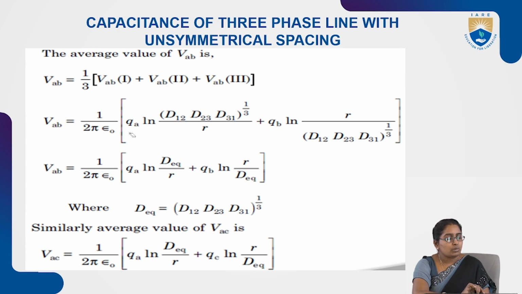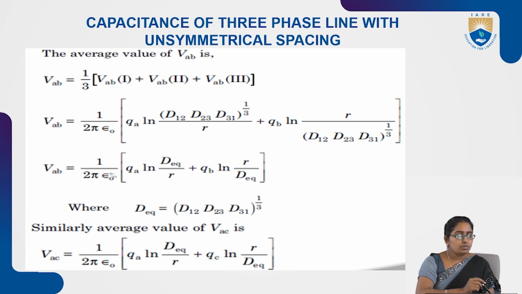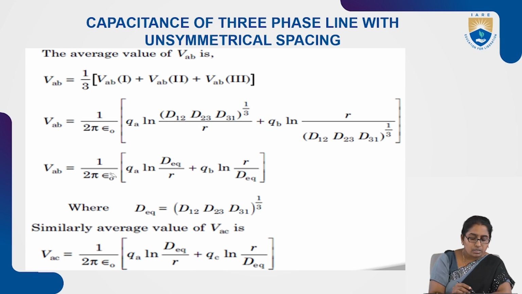So 1 by 2 pi epsilon naught QA into log of, okay, D12 D23 D31 whole power 1 by 3 by r plus QB into log of small r by the same, whole power 1 by 3. Now, 1 by 2 pi epsilon naught QA into log of D12 D23 D31 whole power 1 by 3 is taken as D equivalent.